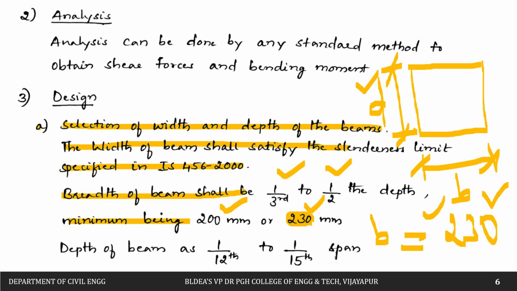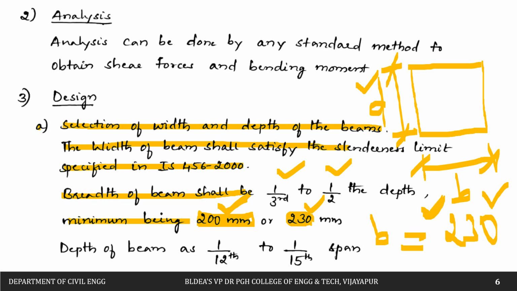If you are going to have blocks of size 200 mm, then we can fix the width of the beam as 200 mm. But the breadth of the beam shall be one third to half the depth, minimum being 200 or 230 mm. Accordingly we have to fix the dimension, that is 230 mm, 200 mm, 250 or 300 mm, and so on.